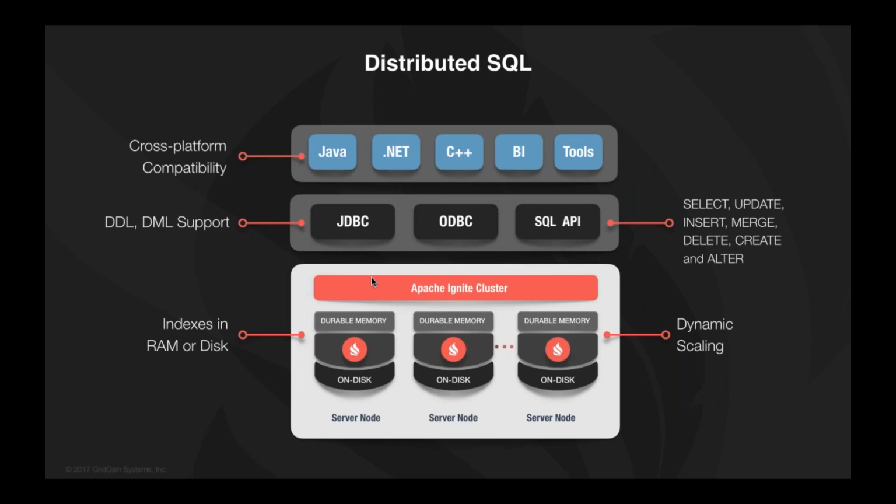And next, if we talk about the SQL capabilities provided in Ignite. As you see, Apache Ignite internally uses a key-value store as a format for data storage. But it doesn't mean that Ignite cannot execute well-known SQL queries.